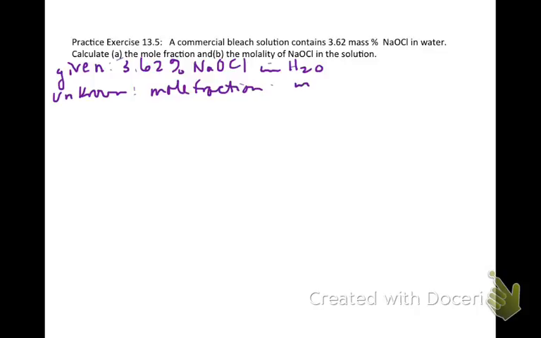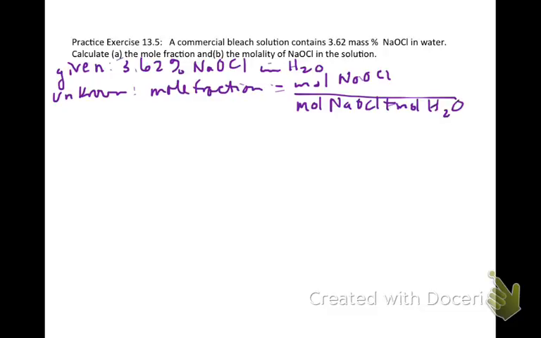The mole fraction here is going to be the moles of the sodium hypochlorite over the total moles of the solution. Since there's only two components, it would be the moles of the sodium hypochlorite plus the moles of water.